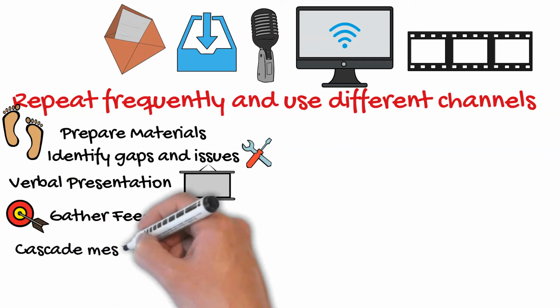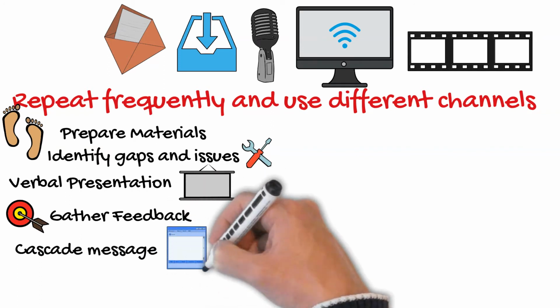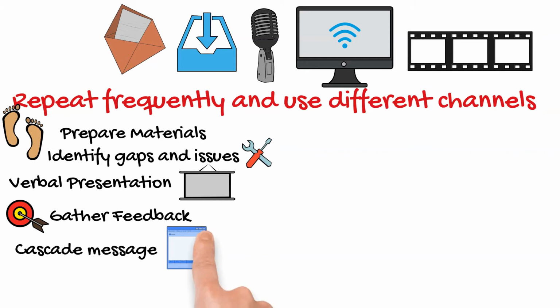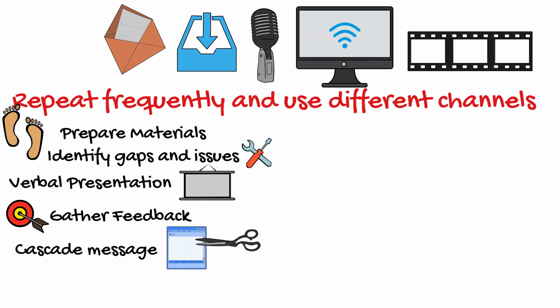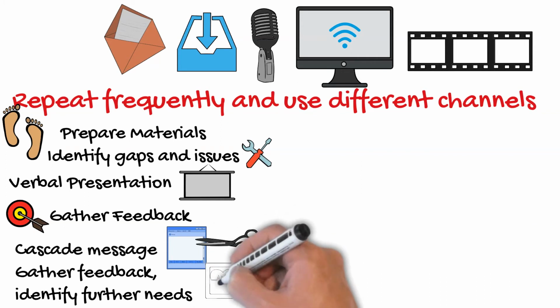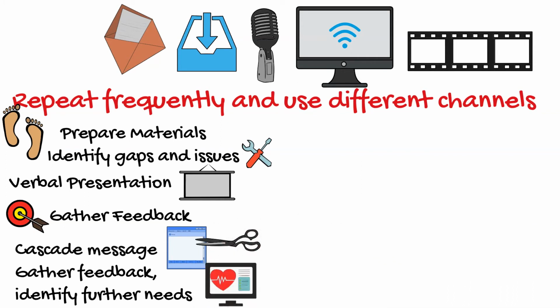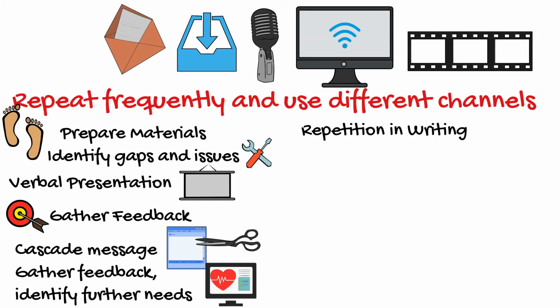Number 5. The next layer of managers communicates a similar message to a smaller group. This message is adapted slightly to hone in on circumstances, concerns, and an impact on that group in particular. 6. I and the managers gathering feedback and discussing any additional needs. Step number 7. Me communicating in writing, perhaps an email or an intranet message. 8.